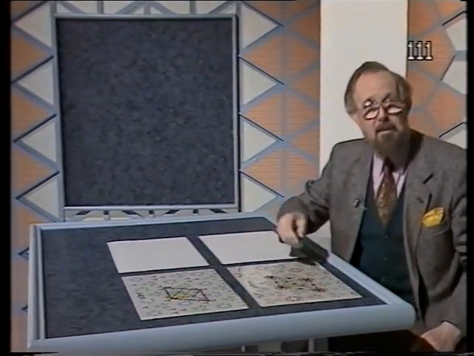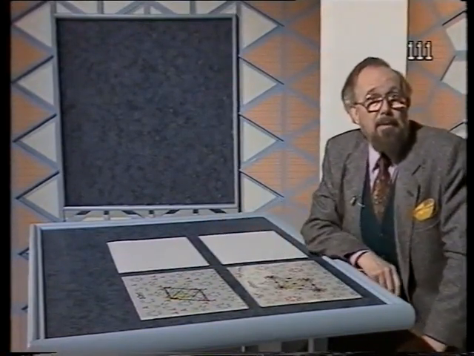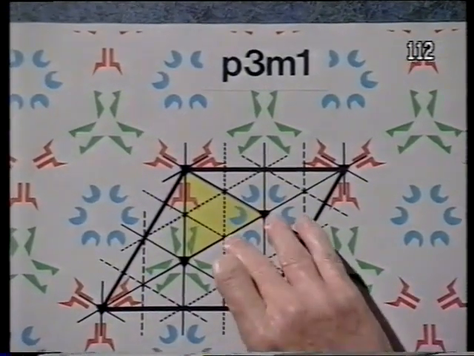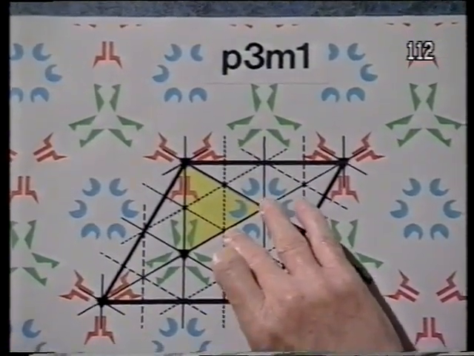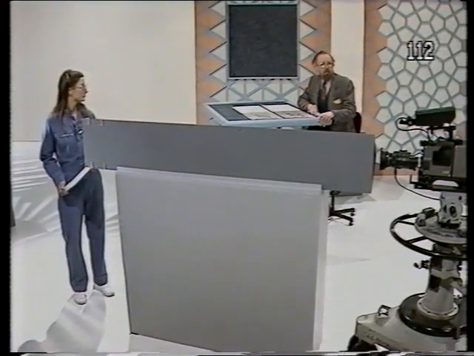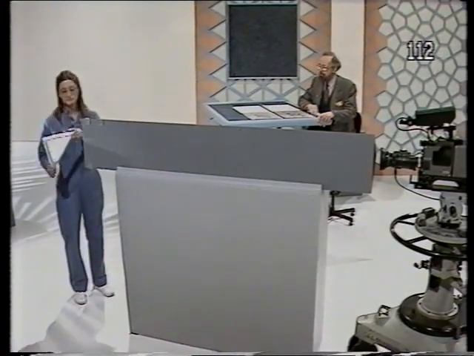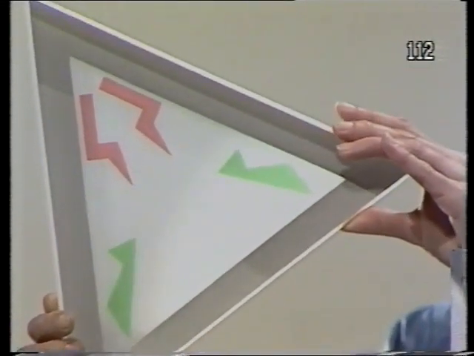But, and this is the important point, the motif that we placed in here was asymmetrical. Look what happens in the kaleidoscope if the motif we use is symmetrical. Lo and behold, we get P6MM.